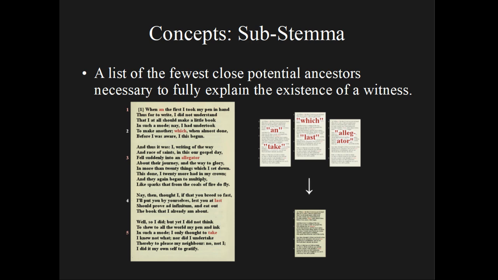So we see on the right here that in order to explain how the manuscript on the left was made, we could use, say, 3 manuscripts, right? One has the reading "an" and the reading "take," and it was copied faithfully.